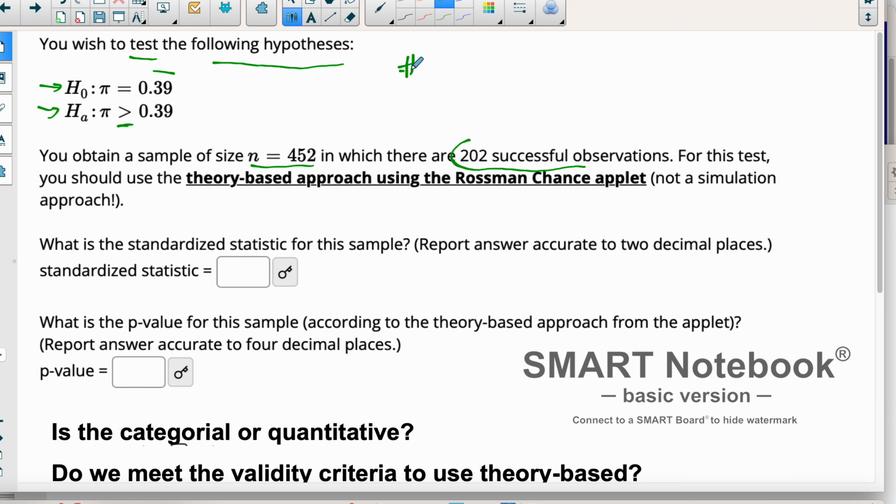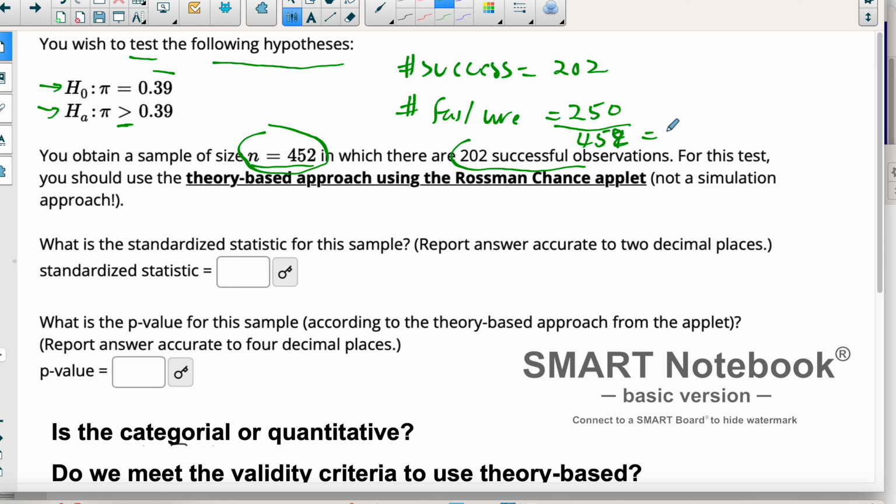So our number of successes is equal to 202 out of a total sample of 452. That means my number of failures is equal to 250. So when I add those up together, 202 plus 250, I get 452, which is my sample size.